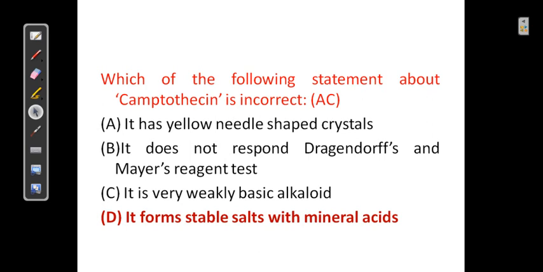It is a very weakly basic alkaloid. These three statements are correct about camptothecin. Option D, it forms stable salt with mineral acid. This sentence is incorrect because camptothecin does not form stable salt with mineral acids.